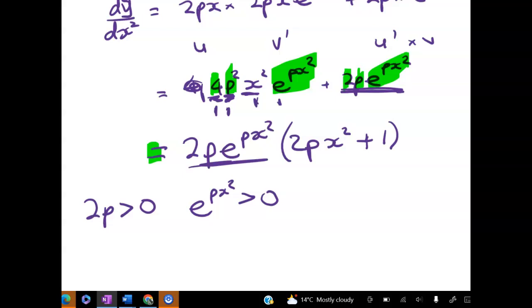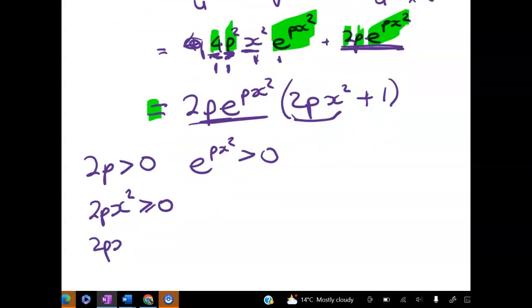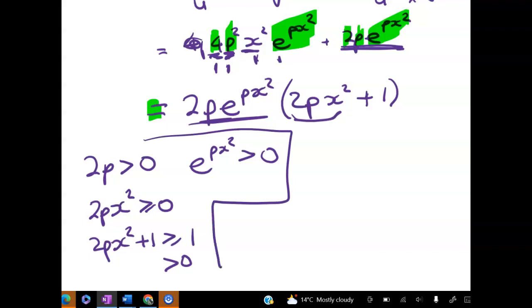Now, the next thing to look at is this. 2px squared is greater than or equal to 0. And 2px squared plus 1 must be greater than or equal to 1, which is greater than or equal to 0. So what have we shown?